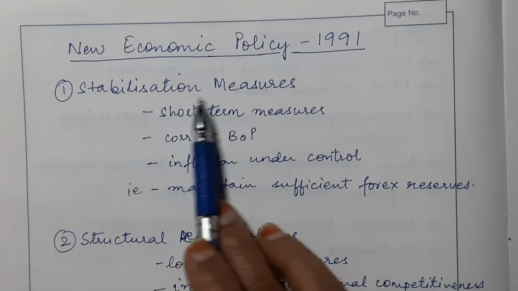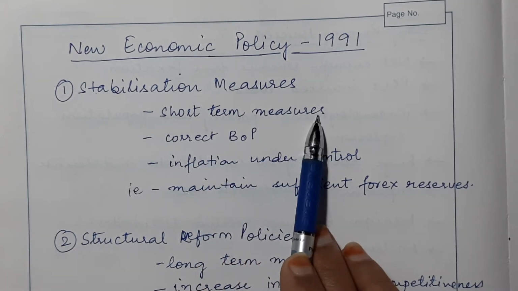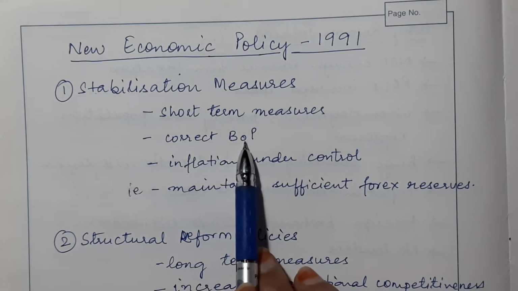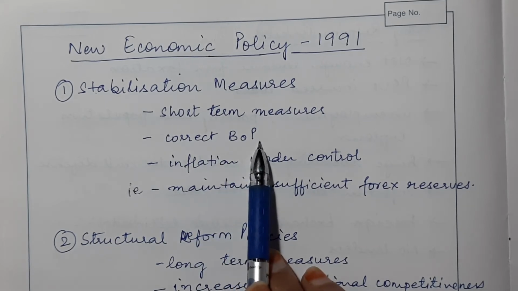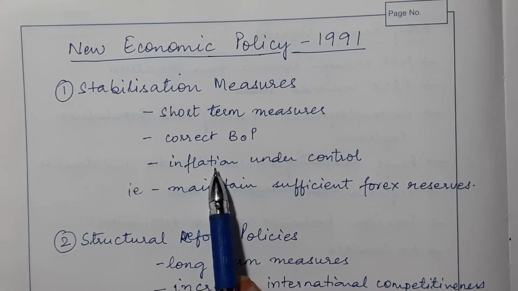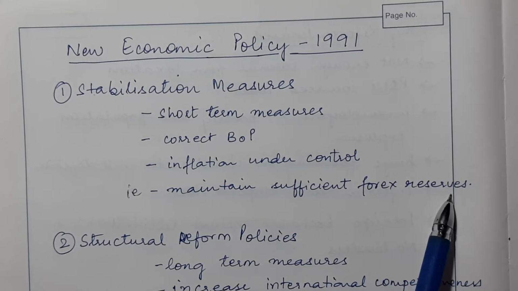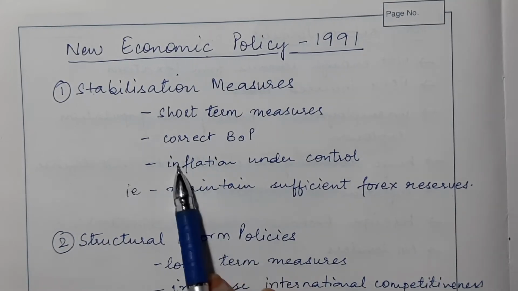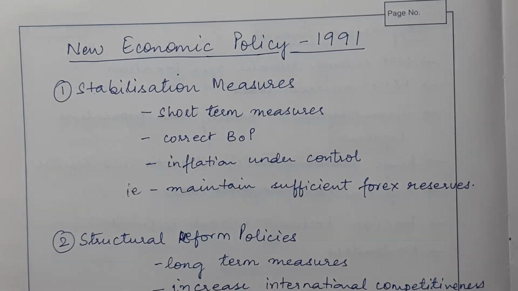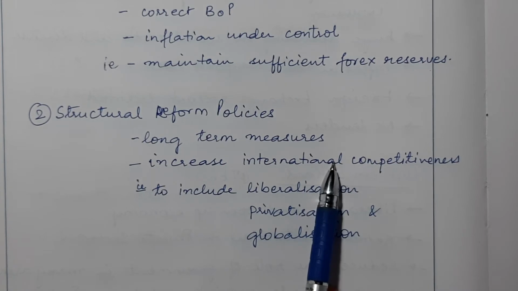The stabilization measures are short term measures which are intended to correct the balance of payments. Then these also aim at maintaining sufficient foreign exchange reserves. And this would also bring inflation under control. Then structural reform policies are long-term measures.